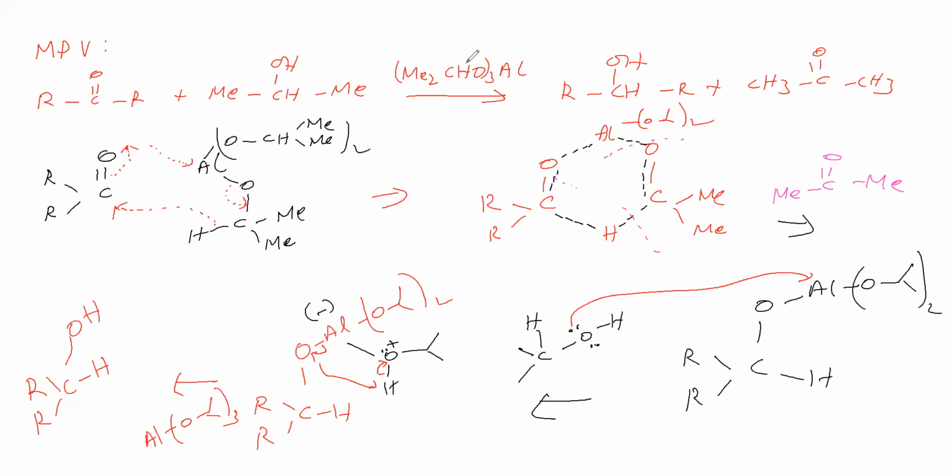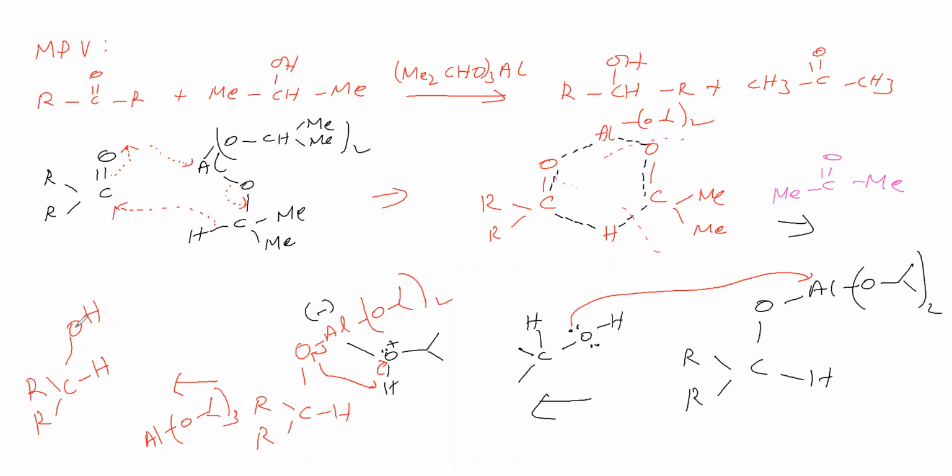Suppose here instead of H, deuterium is there, means at this place deuterium would be there. So the carbonyl group carbon gets hydrogen from the catalyst, that isopropoxide. If that hydrogen is deuterium, that deuterium will come here. Then this carbonyl group oxygen becomes OH.